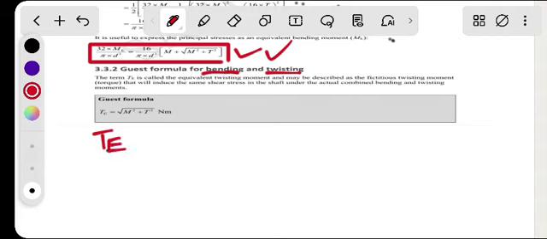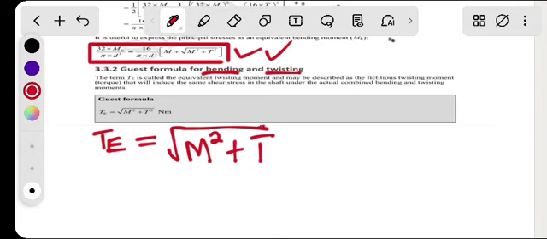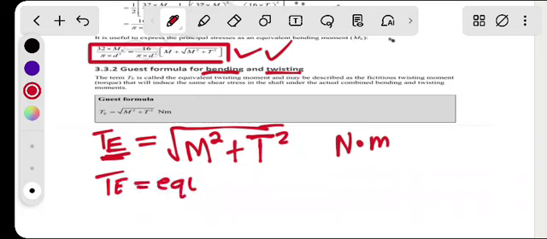The equivalent twisting moment is given by the square root of the maximum bending moment squared plus the maximum torque or twisting moment squared. This is calculated in Newton meters. Note, guys, TE is called the equivalent twisting moment.